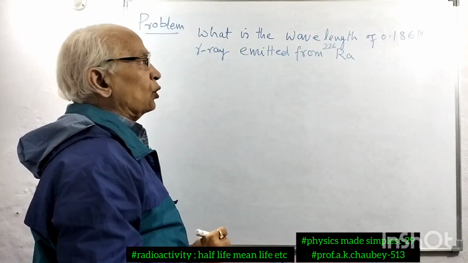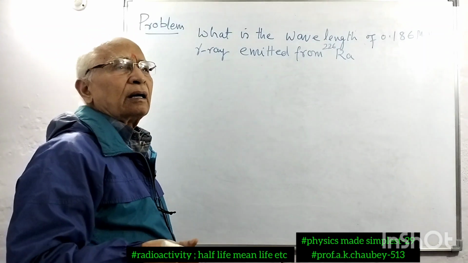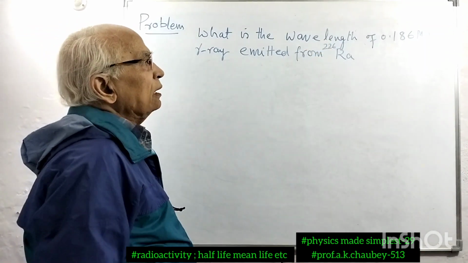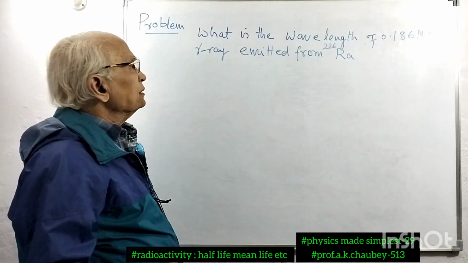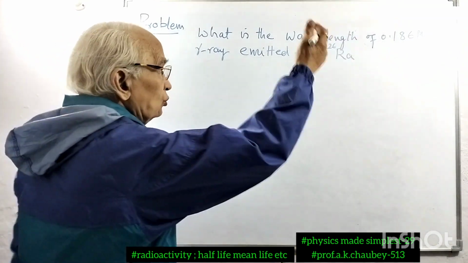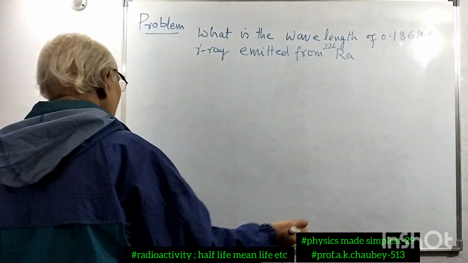Radium-226 is a radioisotope. It emits gamma ray. I have given the energy of the gamma ray emitted from this is 0.186 MeV. What's its wavelength? So you calculate and tell me the answer.